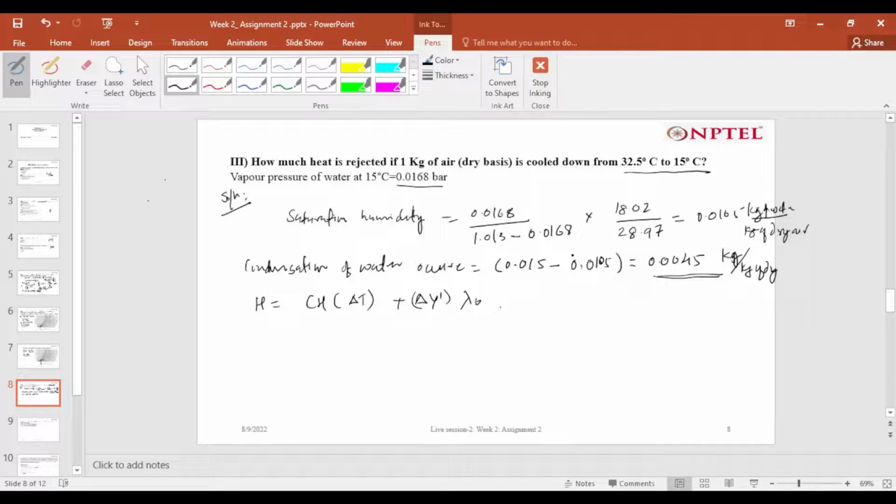Put the value of this one and try to calculate the partial pressure. I'll be solving this one. Here P is given, Y is given, so only calculate the partial pressure. After getting the solution, let me know. I am also calculating.